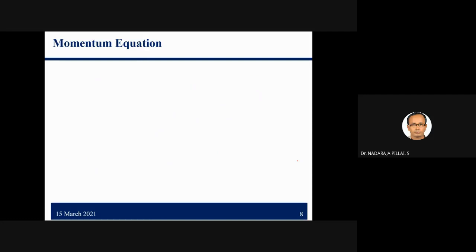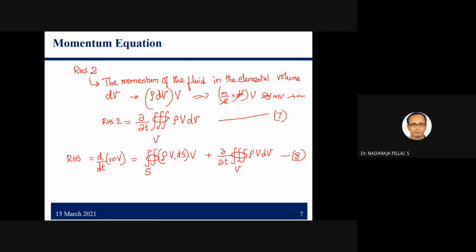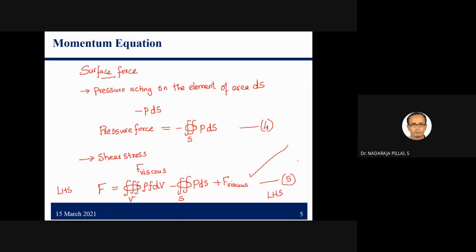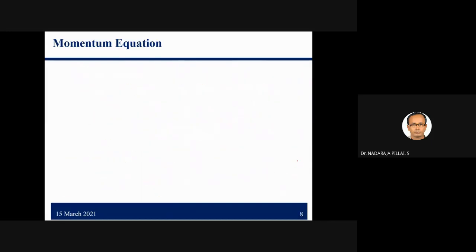Now let us write the momentum equation in the integral form. That is the 5th and 8th equation. So let us write the 5th equation and the 8th equation.